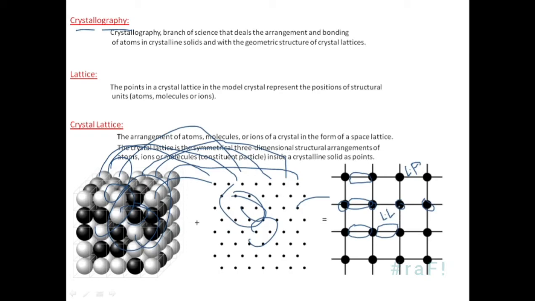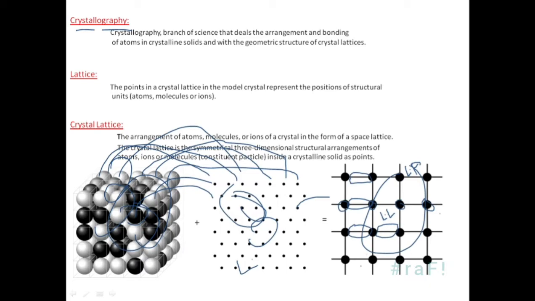So this structure which we obtain from bases, meaning ions or molecules or atoms, and representing them as points, meaning lattice, and after combining bases and lattices we are getting a structure.